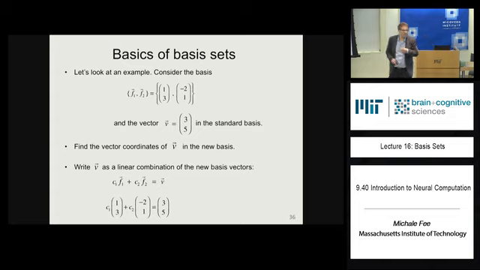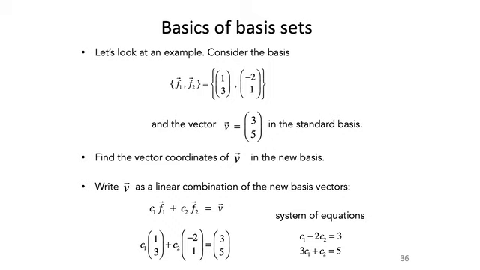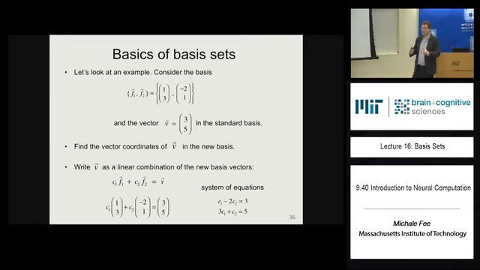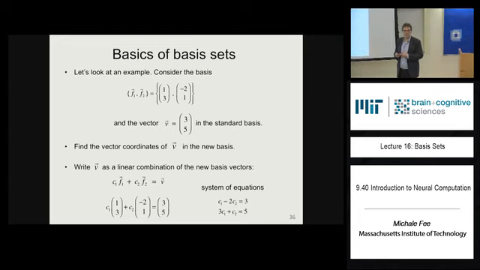Does that make sense? That is just a system of equations, and what we're trying to do is solve for c1 and c2. That's it. We already did this problem in the last lecture.